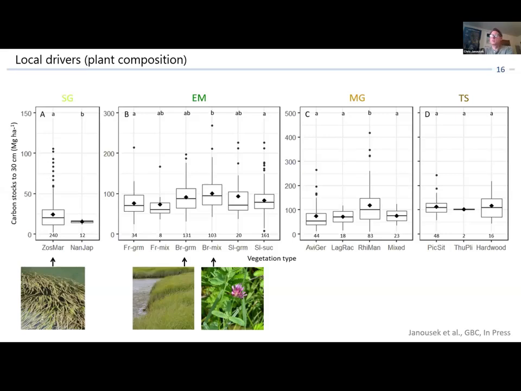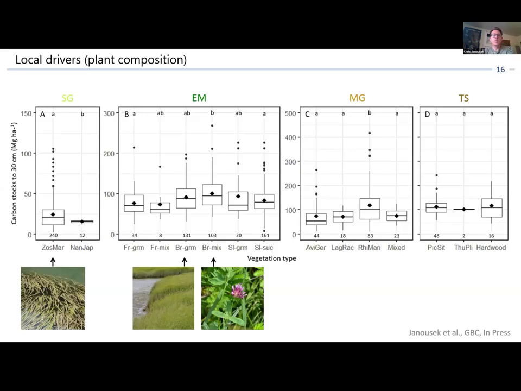For emergent marshes, this was a challenge because we have emergent marshes with such variable plant composition from Baja California up to Alaska. I mean, species are so different. So I took a functional form approach and divided up the plant communities into essentially classes that corresponded both with salinity and with the kinds of structural features that the plants had. The left two box plots show freshwater tidal, so freshwater graminoid and freshwater mixed assemblages.